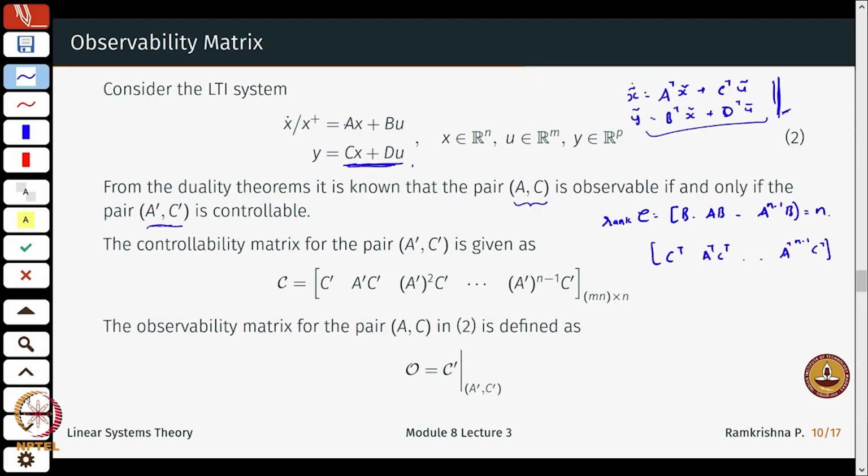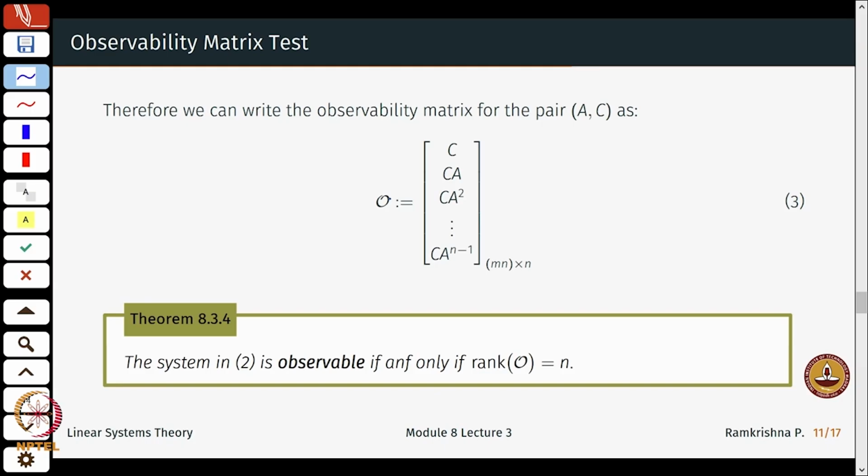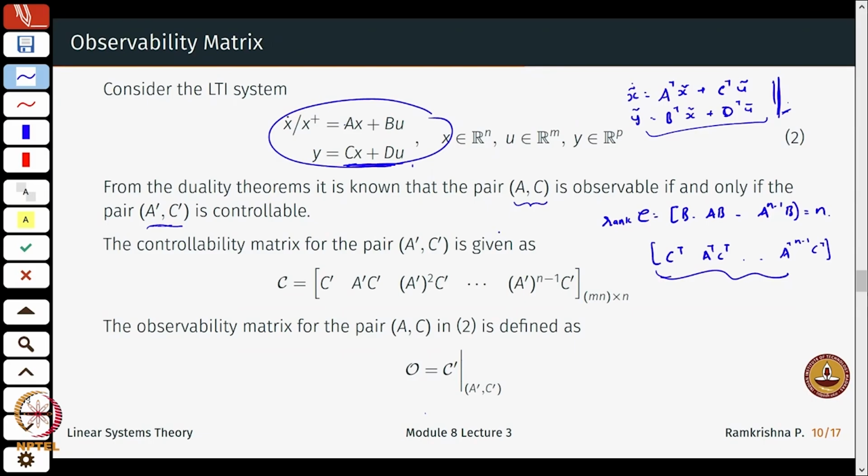So, the controllability matrix for the dual system will be the observability matrix for the original system. Okay. So, I just then write down the observability matrix in this form, right. So, the observability matrix just translates to this one. Okay. And then therefore, I can conclude that the observability for the pair AC is defined as this, the transpose of C, right.